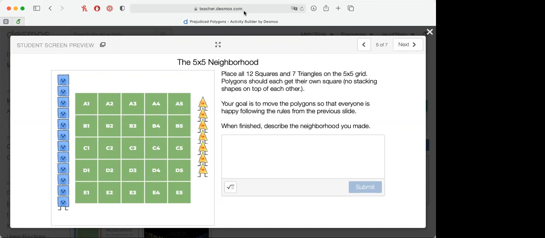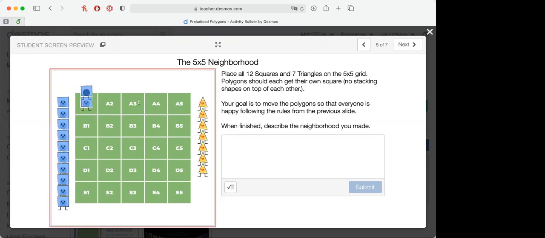Okay. Hi, can you hear me? Yes, we can hear you. Okay, so I had all the blue squares go at the top. So A1, A2, A3, A4, A5, B1, B2, B3, B4, B5, C1, C2.